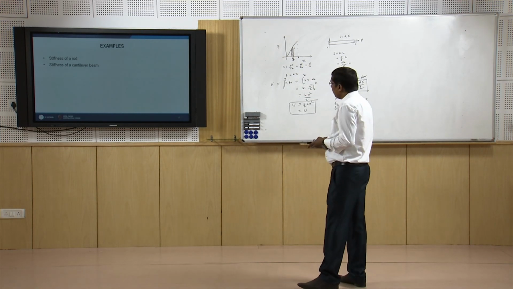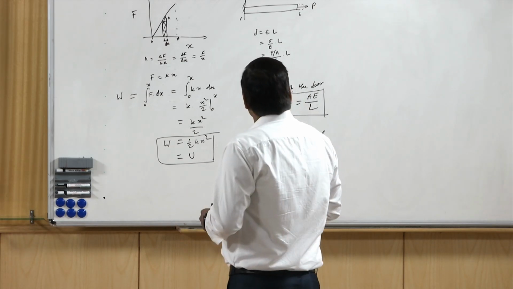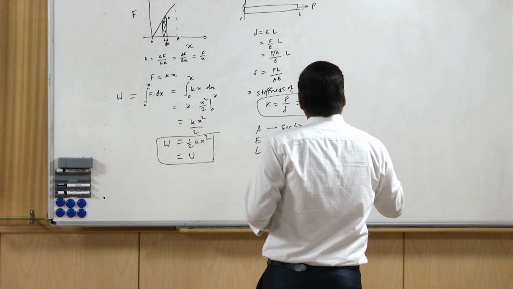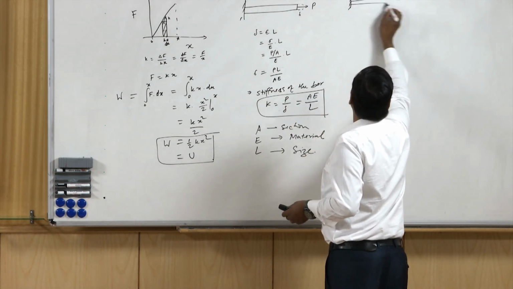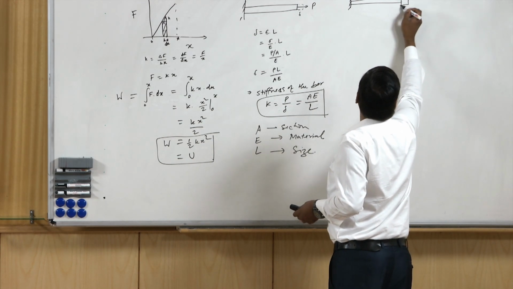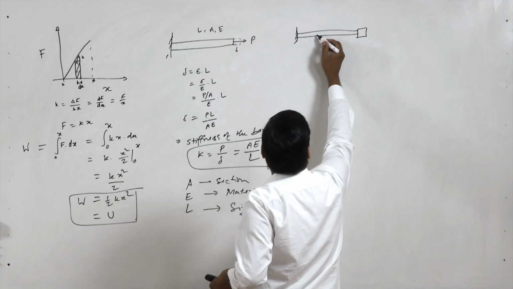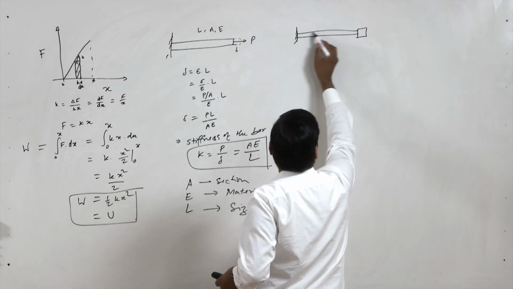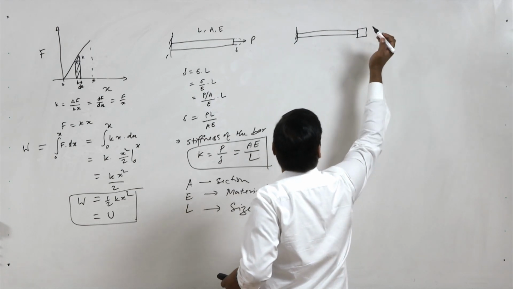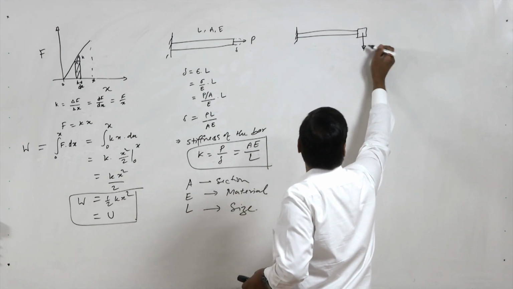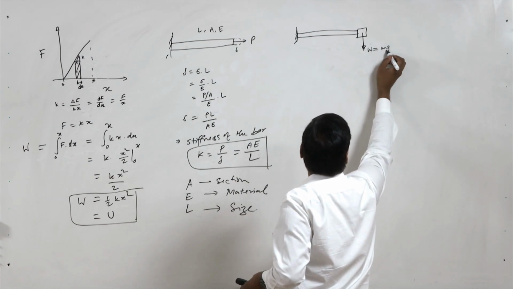Similarly, we can find out the stiffness of a cantilever beam, and we assume that this is a cantilever beam, where at the end there is a concentrated mass, and this beam is massless, and the mass is only concentrated at the end. So here there is certain weight W, that is m into g.